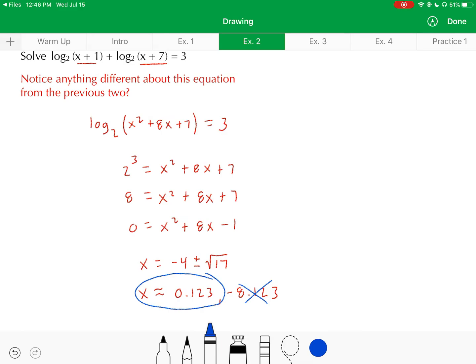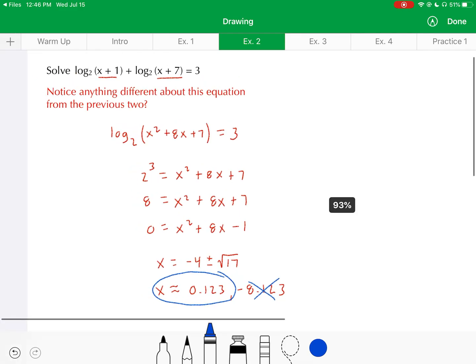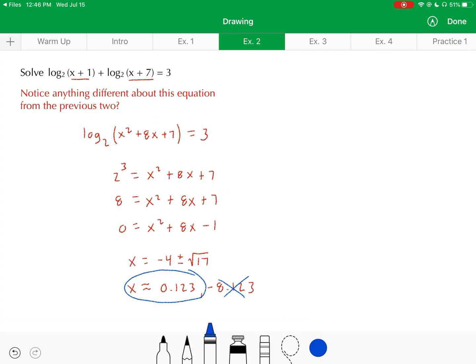So once again, I want to draw your attention to the fact that in order to solve this equation, the main idea here is that I had to go from logarithmic form into exponential form. That's the underlying idea here. That's it for this video.